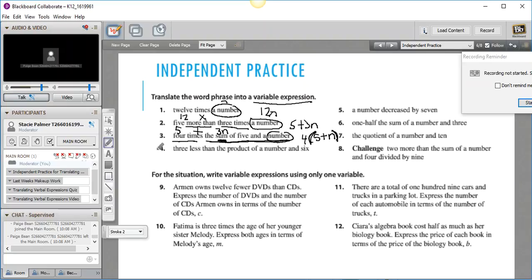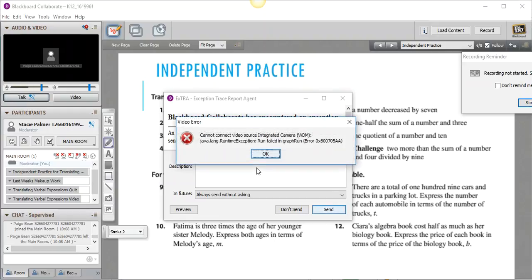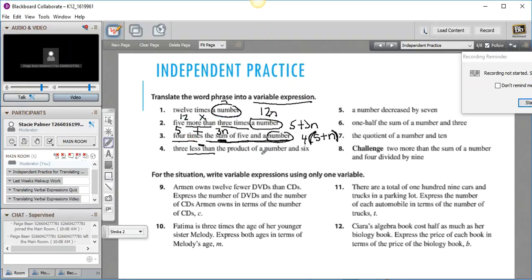Question number 4. 3 less than the product of a number and 6. Please, please, please be very careful. Whenever you see less than, you cannot just substitute a subtraction sign here. We need to read this carefully. It says 3 less than the product of a number and 6. So we have to do the product of a number and 6 first, and then 3 less than that.